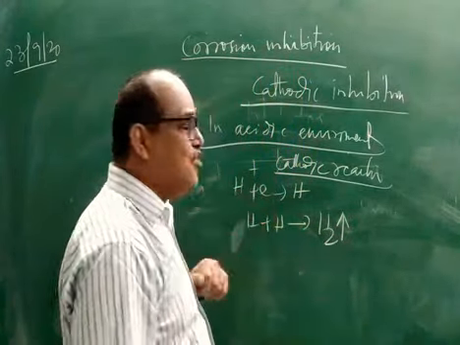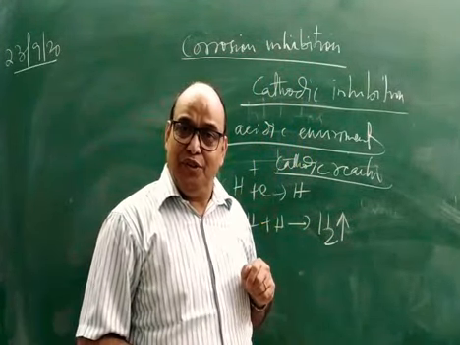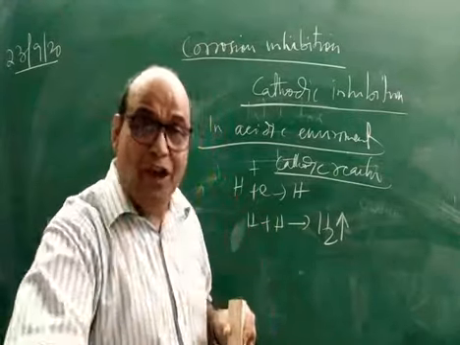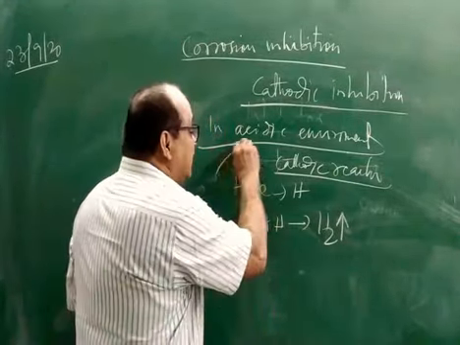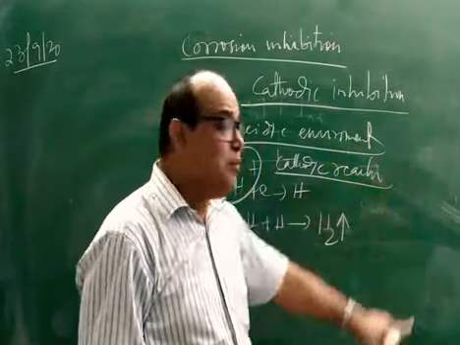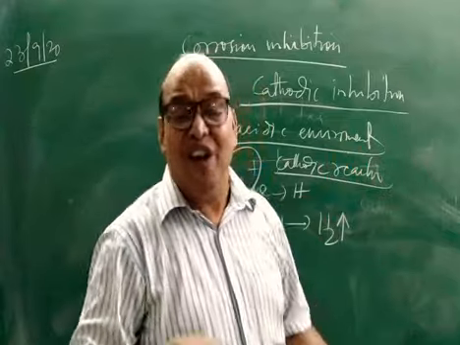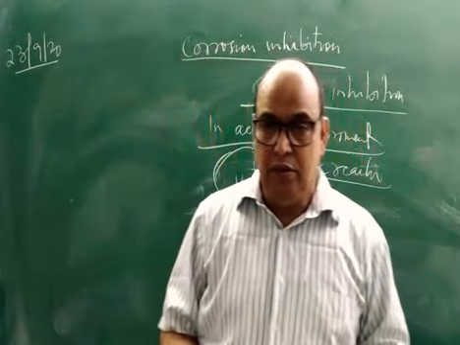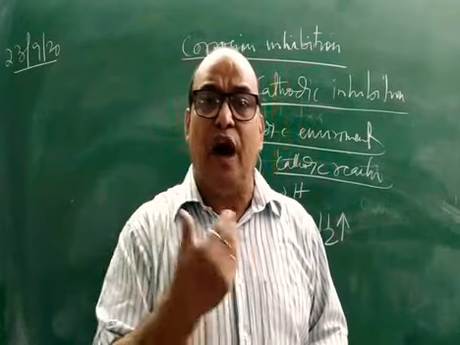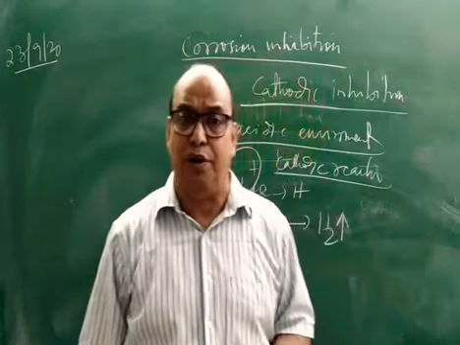If we analyze this reaction, how can we control corrosion? It can be controlled either by reducing the diffusion of H plus ion at the cathode or by increasing the overvoltage for hydrogen evolution. This is how we can control corrosion.